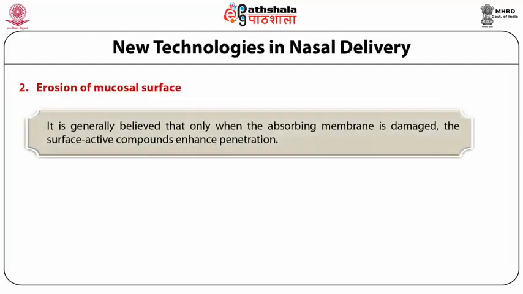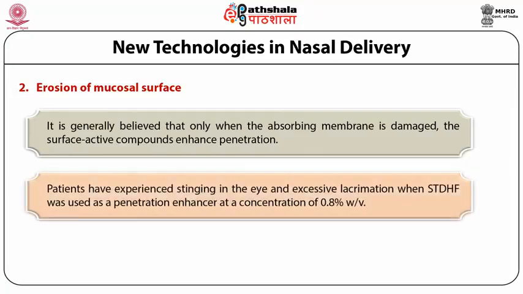It is generally believed that it is only when the absorbing membrane is damaged that the surface active compounds enhance penetration. Patients have experienced stinging in the eye and excessive lacrimation when STDHF was used as a penetration enhancer at a concentration as low as 0.8% weight by volume.